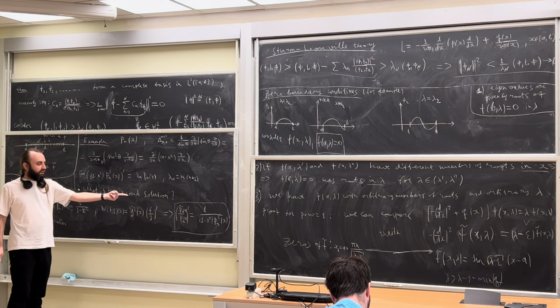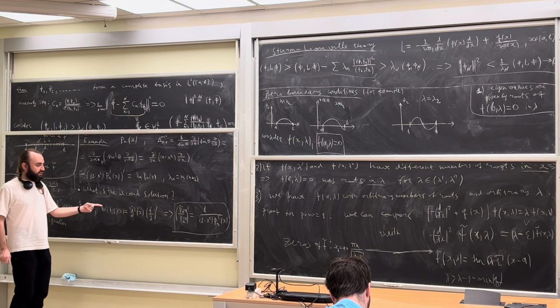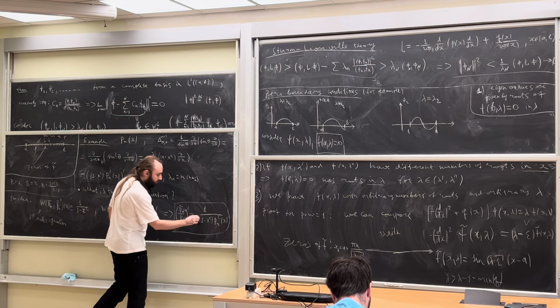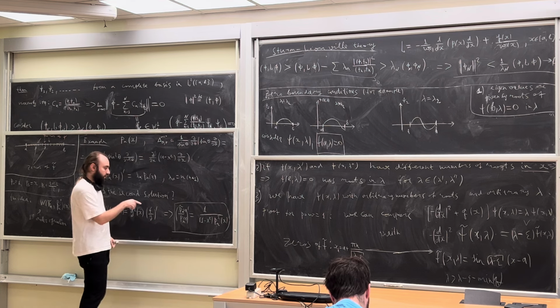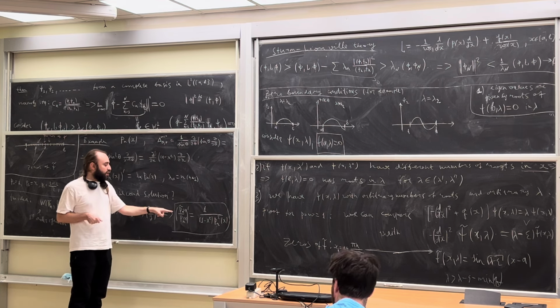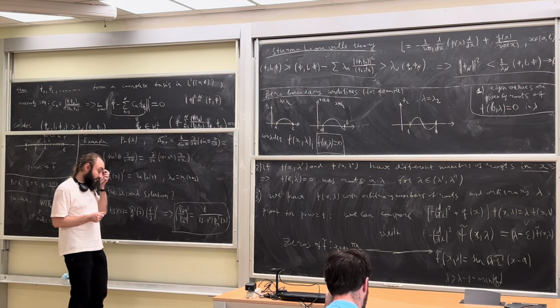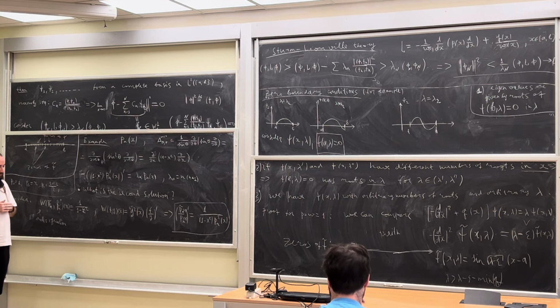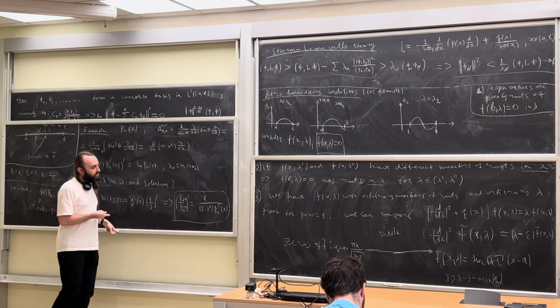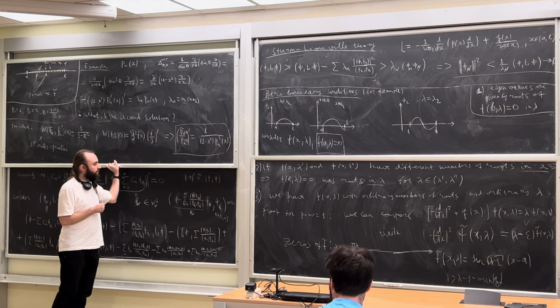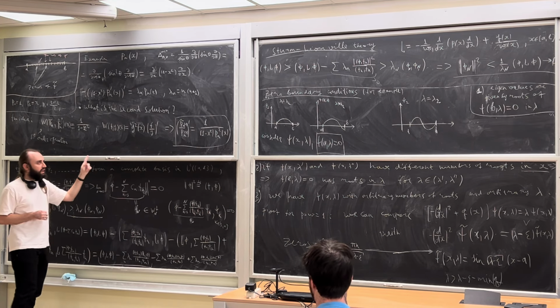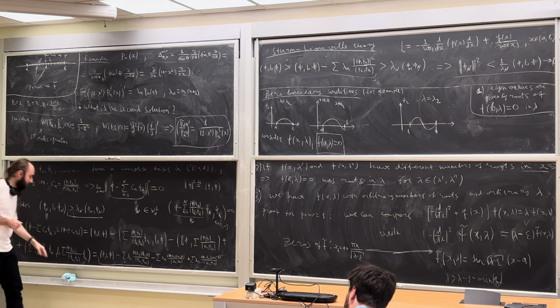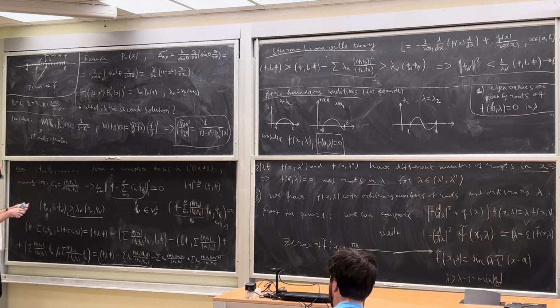We simply integrate the right hand side and get this. Any questions? So if you have one solution of the ODE, the second solution can be obtained simply by integration.